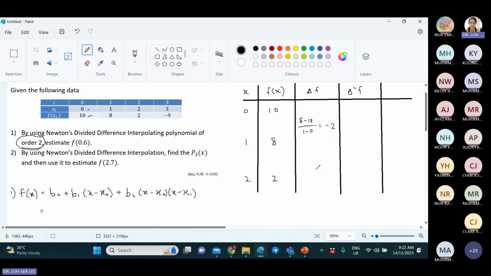And the second value is? -6. Yes, -6. We use 2 minus 8, you get -6, over 2 minus 1, which is -6. And the third value?